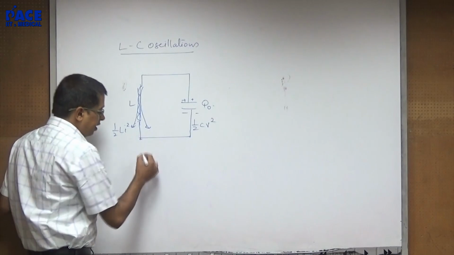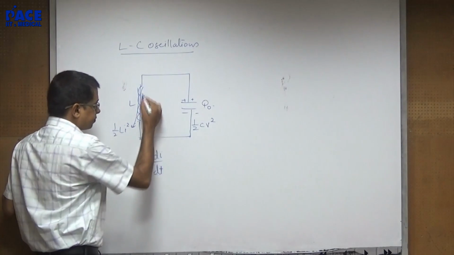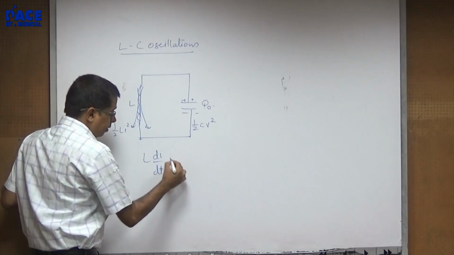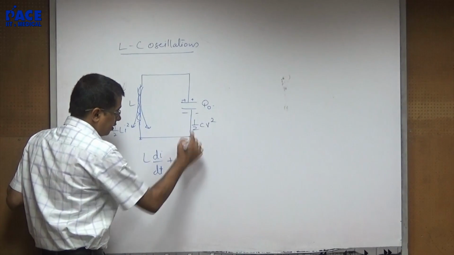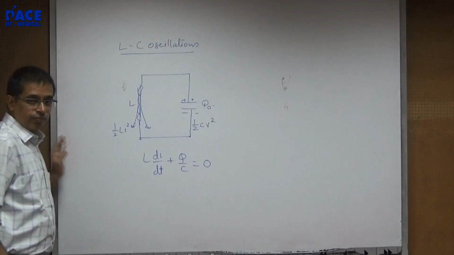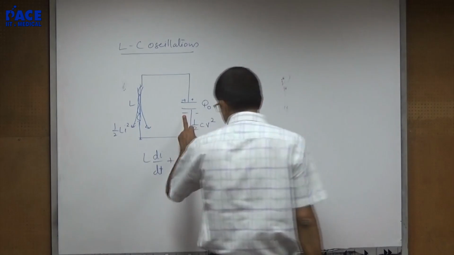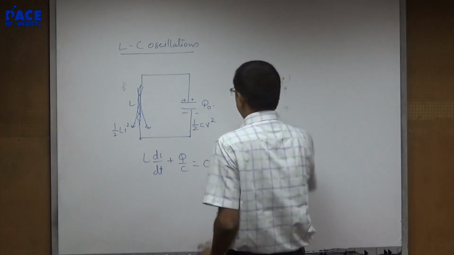Now when you write the equation for this, L di by dt plus Q by C will be equal to 0. In the direction of current, you are touching plus, I applied KVL, minus, hence plus.